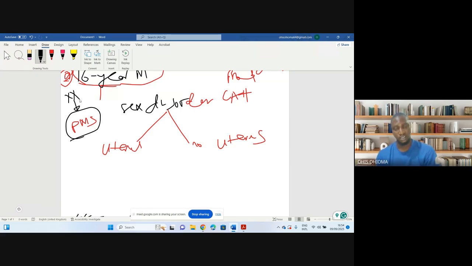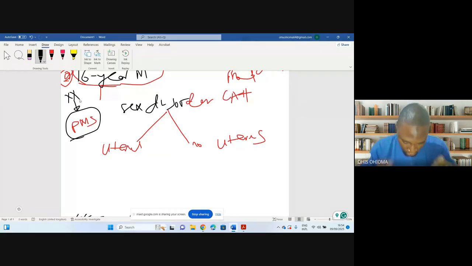Let me go over it again. When you see a question on sex disorder, the first thing I want you guys to ask yourself, does this patient have a uterus or does this patient not have a uterus? And the reason why you're asking yourself that question is because if the patient has a uterus, it could only implicate one thing, that the internal genitalia organs were formed.